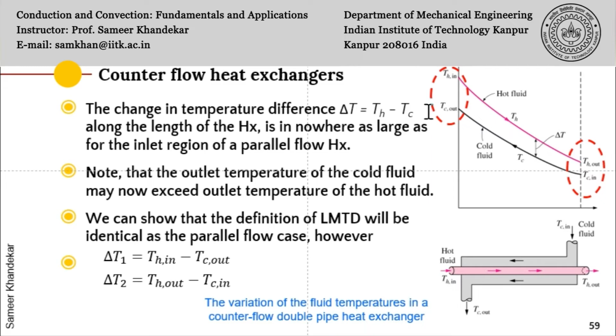However, in this case, the left hand side temperature difference is Th in minus Tc out, and the right hand side temperature difference is Th out minus Tc in. If you stick to this definition of delta T1 and delta T2, then the expression for LMTD is exactly identical to what we studied for a parallel flow heat exchanger.